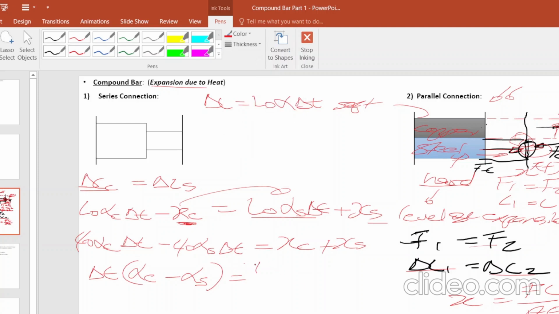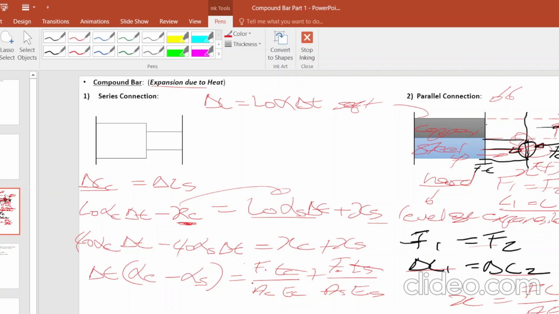It is force common multiplied by L copper over area copper multiplied by Young modulus copper, plus F common multiplied by L steel divided by area steel multiplied by Young modulus steel. Then we know that L and L, the fact that we said they are equal, they will fall out.